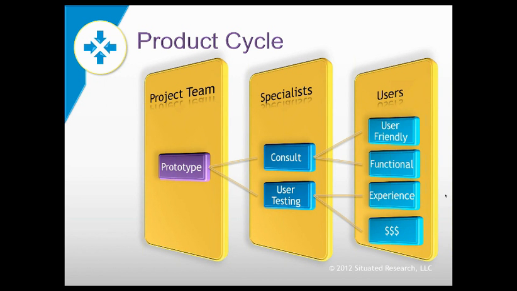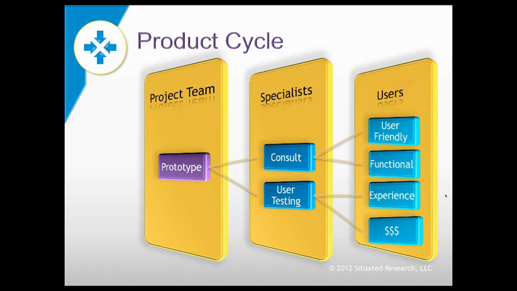So really the product cycle is you have a project team, you have a company, which is you folks, and you have developers, and you might have a usability team as well as your company. And so you come up with a prototype. And you bring in specialists who consult and do the user testing. And then you have those users who will ultimately buy your product.